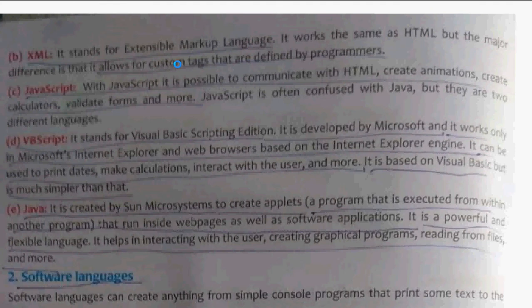Next one, JavaScript. JavaScript is a scripting programming language that is generally used with HTML. With JavaScript it is possible to communicate with HTML, create animations, create calculators, validate forms, and more.